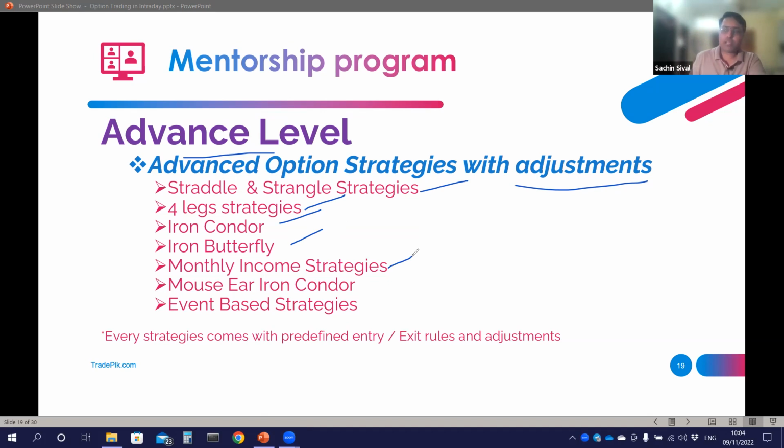So first thing, we are keeping our delta neutral, and to keep our delta neutral, we are just playing with the volatility and with the theta. These two are playing in favor of us, and we are keeping delta neutral. So we don't bother about where price is going until our delta is neutral.